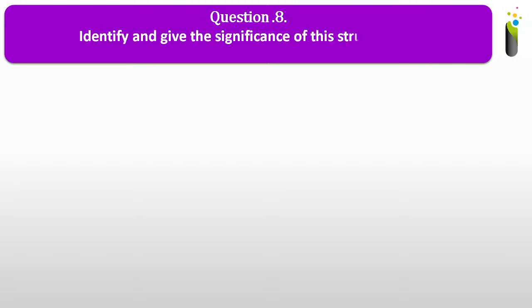Now look on the screen for question number 8. You can see something being pointed out by the red arrow. So please focus on this. Okay. Identify and give the significance of this structure.